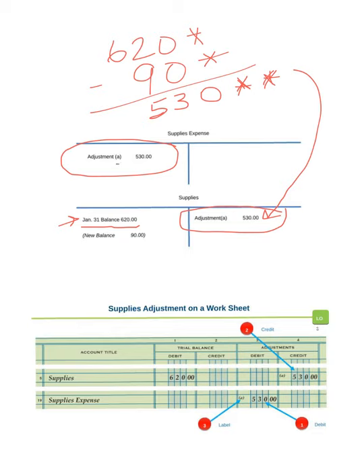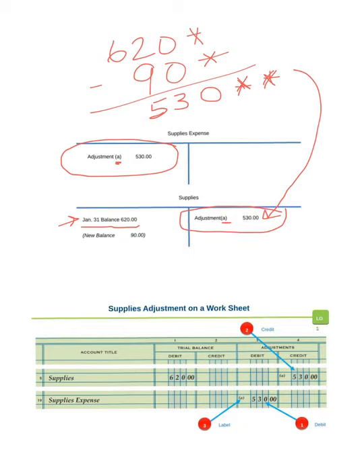Now, adjustment A is attached to, or goes with, adjustment A. In essence, we have decreased the supplies account by $530, and we have expensed that $530 into the supplies expense account.